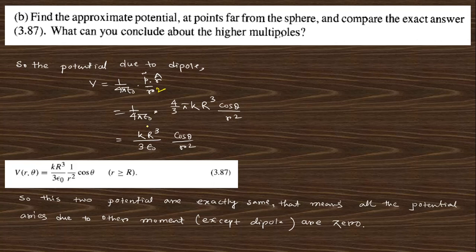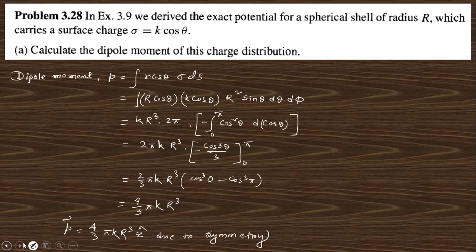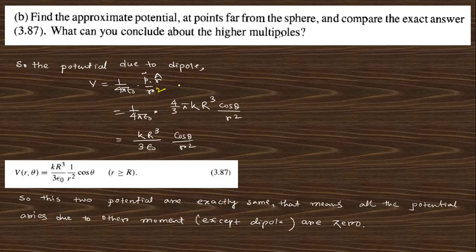We already calculated these things: the dipole moment is 4 third pi k R q, dotted with z cap, which equals cos theta. Putting this in, you finally get this expression.